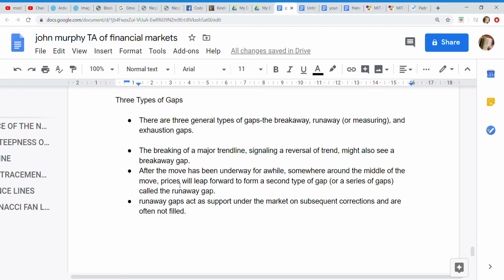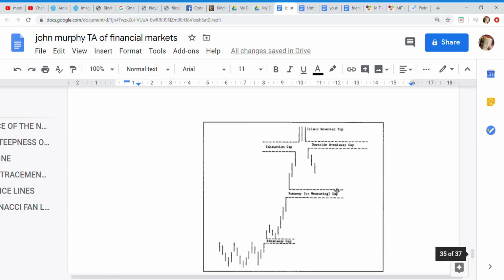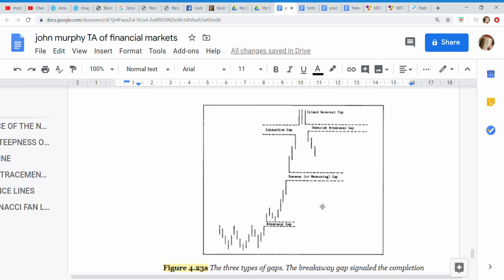After the move has been underway for a while, somewhere around the middle of the move, prices will leap forward to form a second type of gap. So this is a breakaway gap.